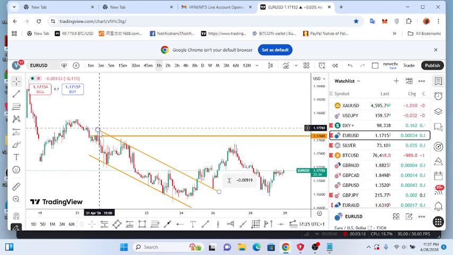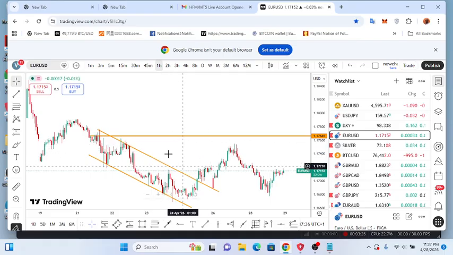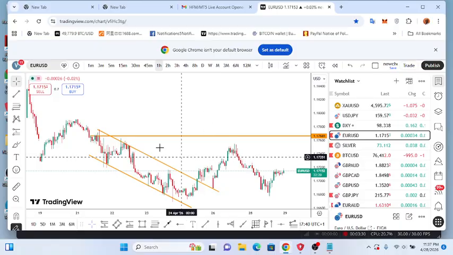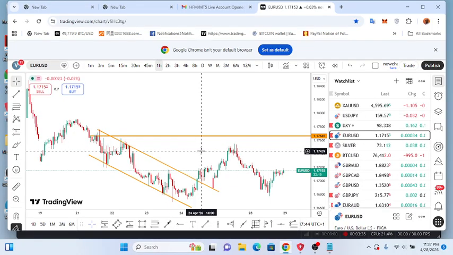Hopefully, it's going to take the profit before we can look for another opportunity on Euro USD. But for now, this is just a recap on the Euro USD that is still open. So let's go to gold.